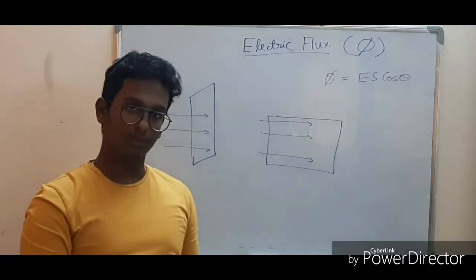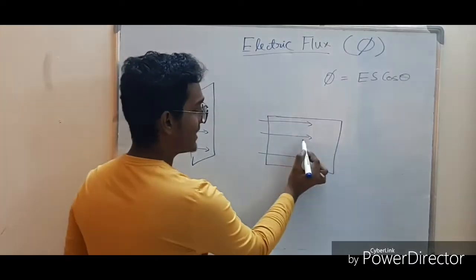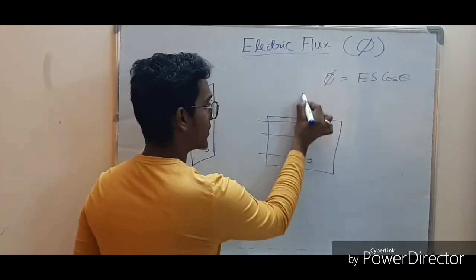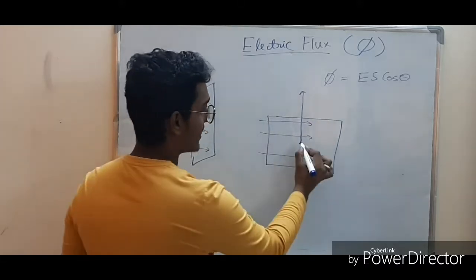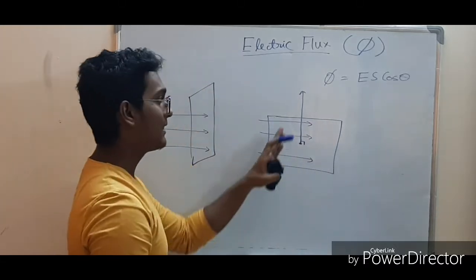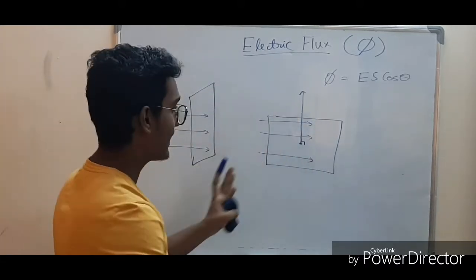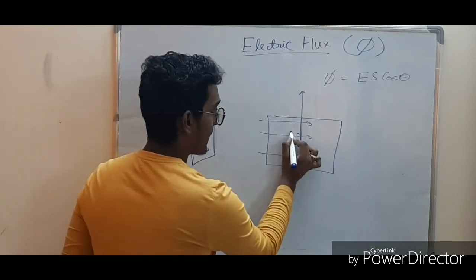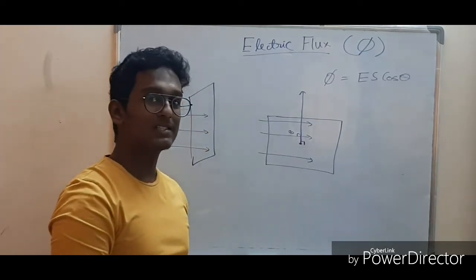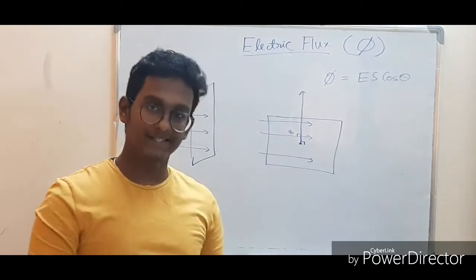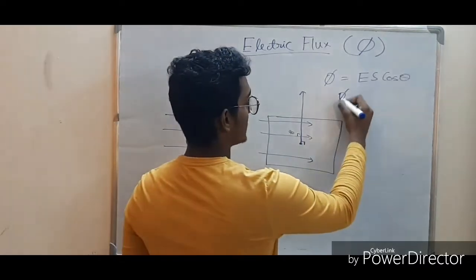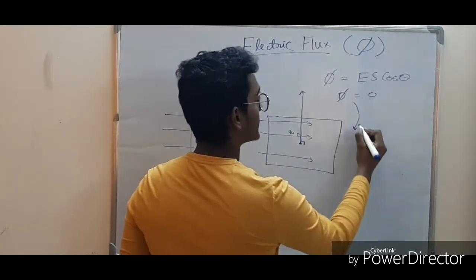This is when the flux is going to be 0, because you can see that the area vector is actually perpendicular. But the angle that this makes with the field lines is also 90 degrees. And what is cos 90? Cos 90 is actually 0.